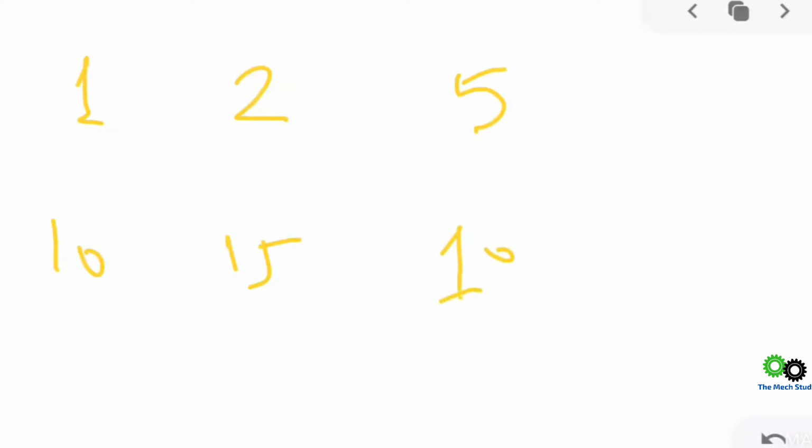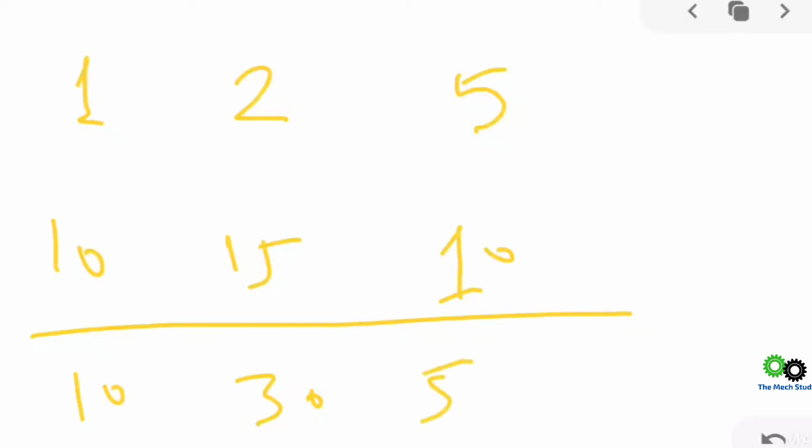So the total value: 1 rupee with quantity 10 gives 10. Similarly, 2 rupees with quantity 15 gives 30. Similarly, 5 rupees with 10, if you multiply, you will get 50 rupees. And if you add all these three, you will land up with 90.